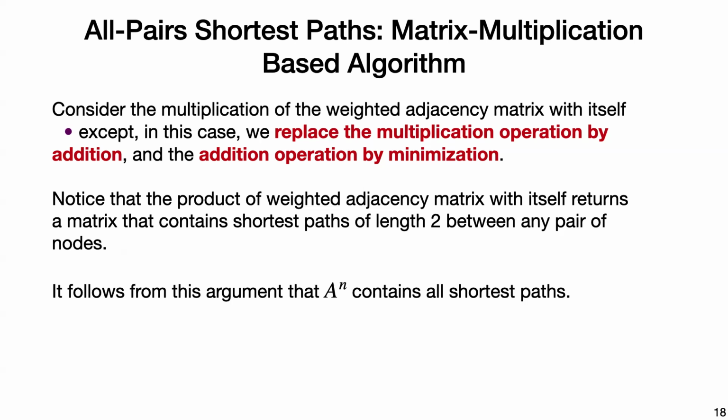The way to see that is you have the adjacency matrix indexed by U and V. If you get the inner dimension to match up, which is happening in the matrix multiplication, then it's like the path from U to V, and then the path from V to W, where W is the outer dimension, V is the inner dimension, and U is the left outer dimension. And if you believe that, then A to the power n, where n is the number of vertices you have, contains all of the shortest paths.